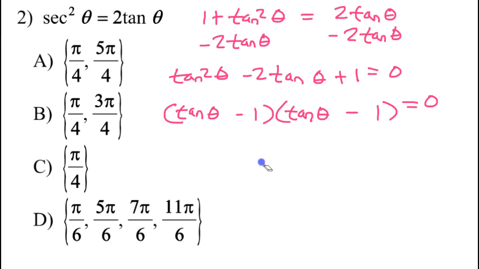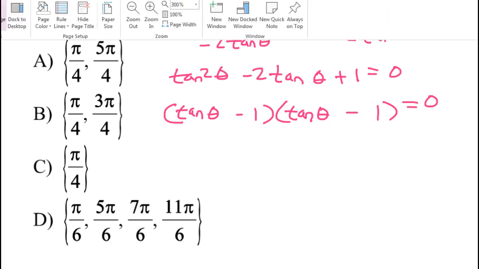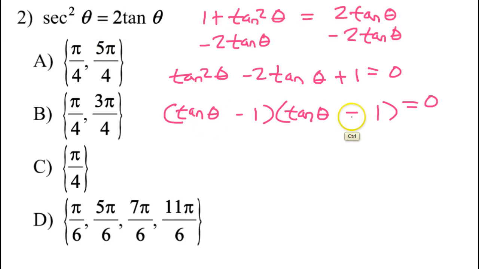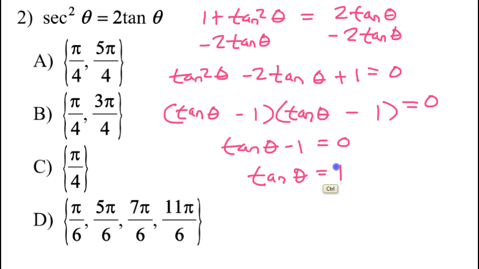I think I'll erase this though. Okay, so now I'm going to set each one of these factors equal to 0, except they are the same, so I don't need to do it twice, because that would be silly. So tangent minus 1 is equal to 0. Adding 1 to both sides gives me tangent theta is equal to 1.